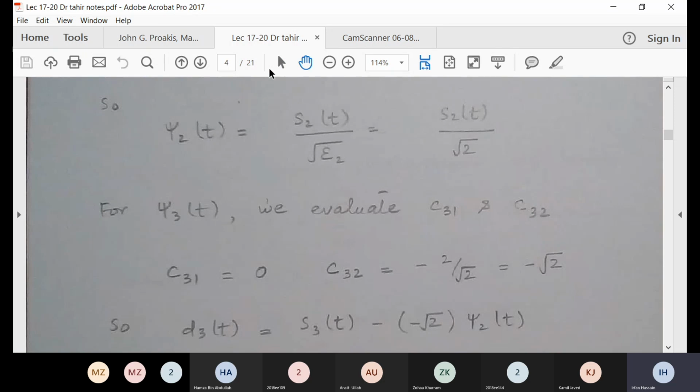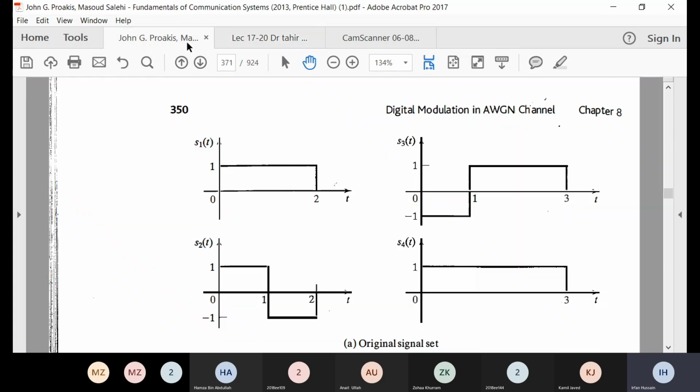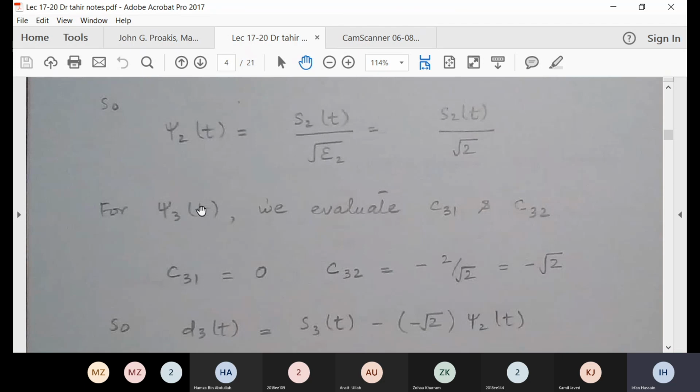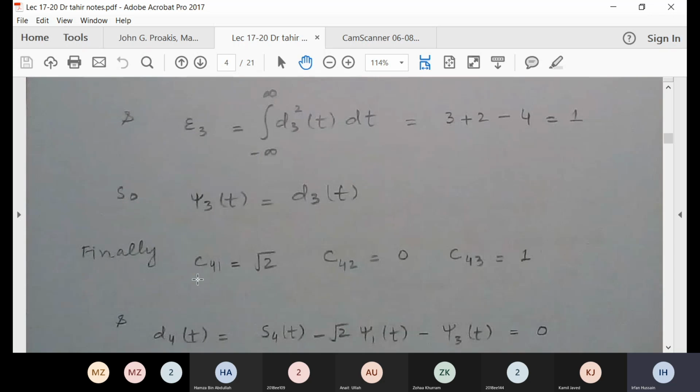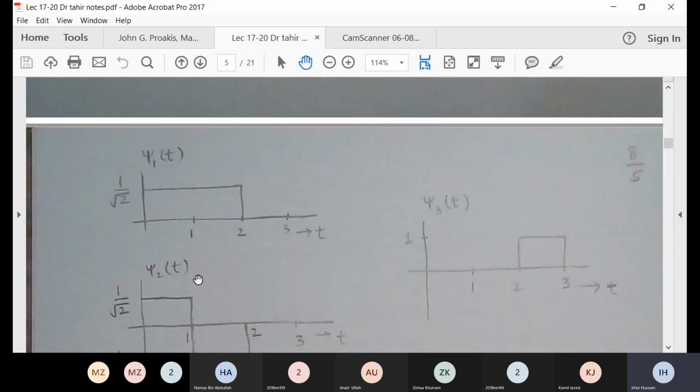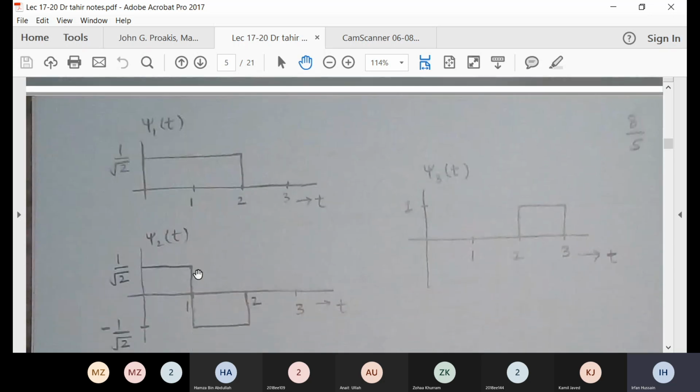So you could see if I take these projections of S3 on psi1. We have just found psi1, which is 1 over under root 2 of S1(t).